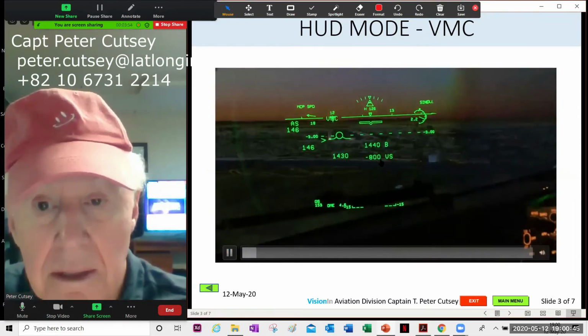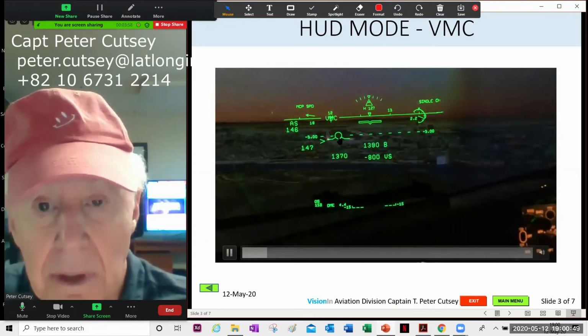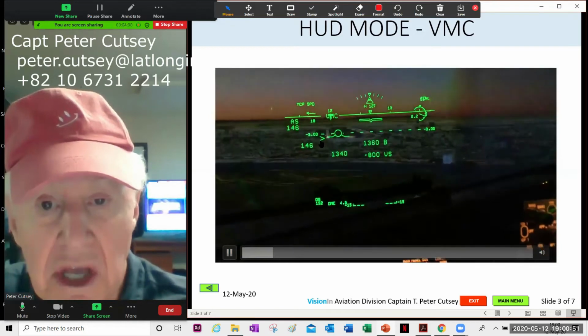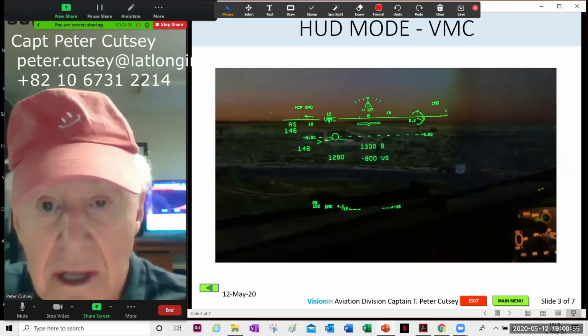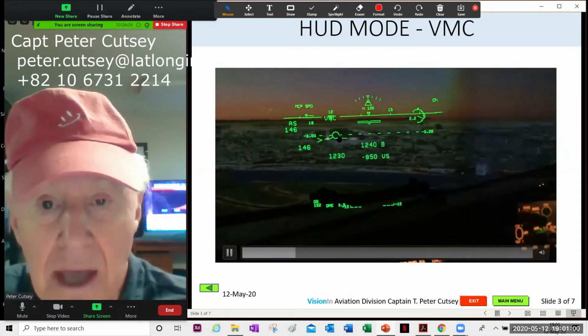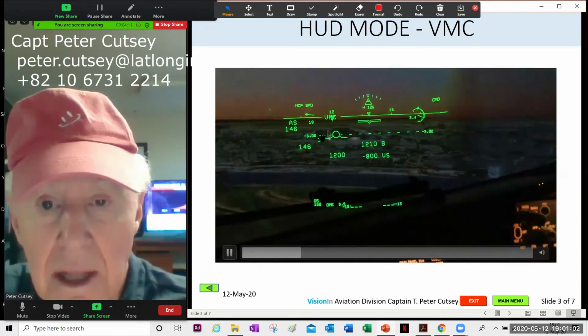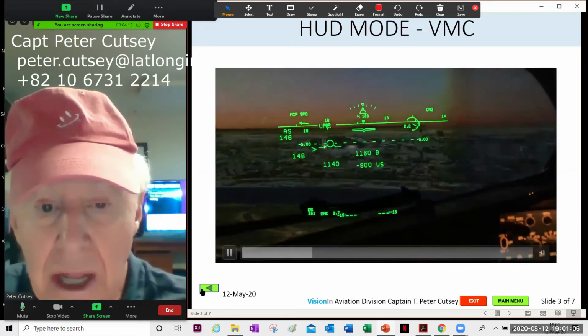Vertical speed, barometric altitude, flight path symbol, accelerate-decelerate caret, which is your energy caret. If you notice, the center of the flight path symbol has the 3-degree glide path line running through it.